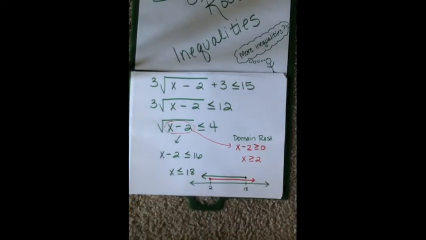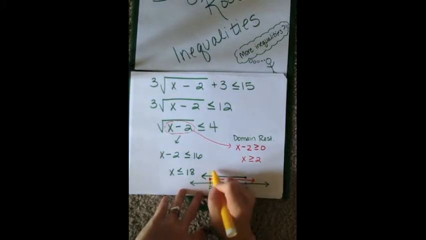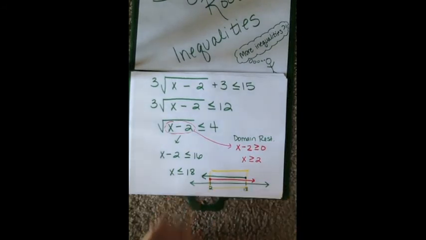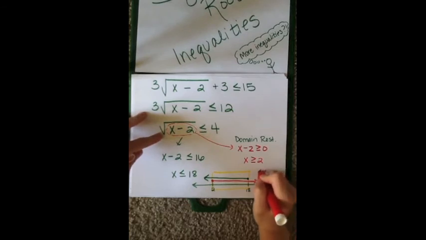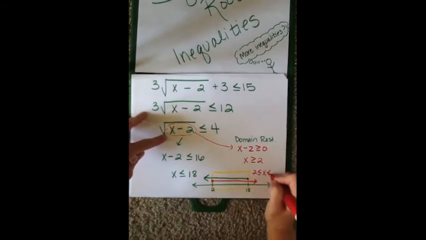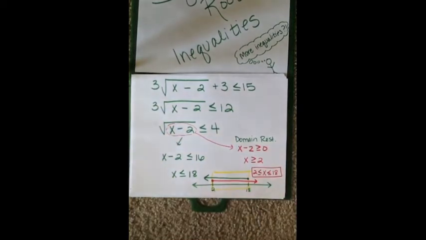And your answer is that wonderful spot where both of those overlap. So this right here is my answer. Compound inequality, x is between 2 and 18.